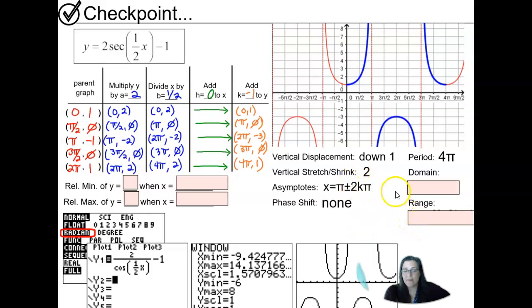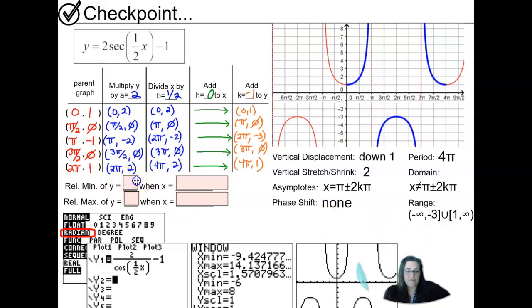Then the domain is going to be all real numbers except those asymptotes where the function is undefined. And our range is -infinity to -3 inclusive union, and then 1 inclusive up to +infinity.